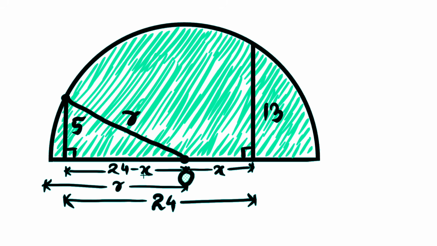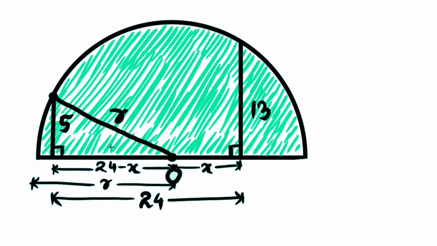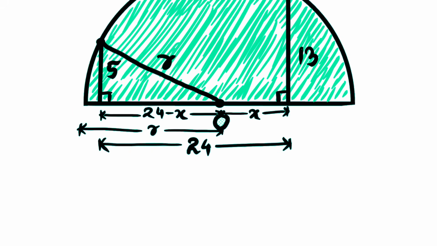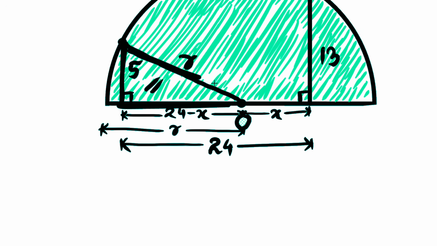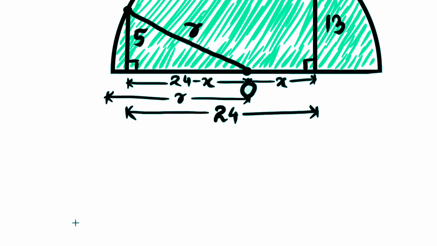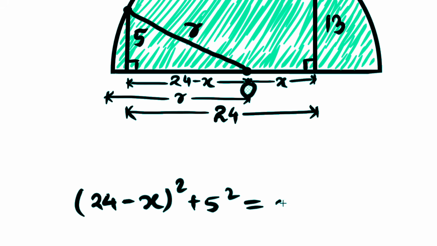Whenever we have a right triangle and know two sides in relation to the third, the Pythagorean theorem tells us that the square of one leg plus the square of the other leg equals the square of the hypotenuse. So here we write 24 minus x whole squared plus 5 squared equals r squared.